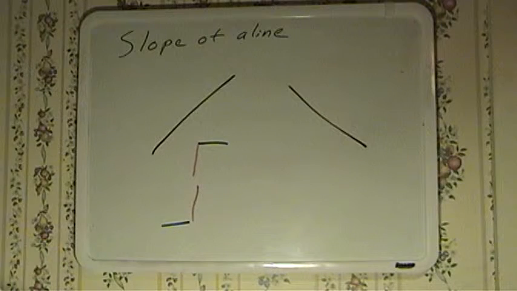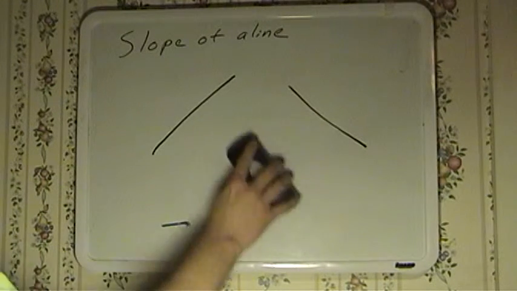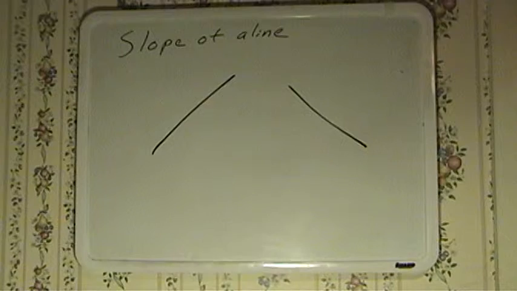But if we get more into finding slopes and seeing slope-intercept form, we'll get into more of that. That's, again, just a brief introduction. So anyway, the slope of a line basically tells us how steep the hill is.